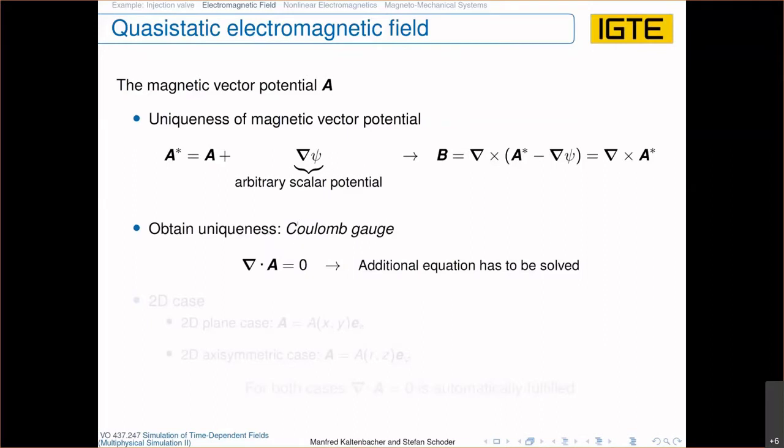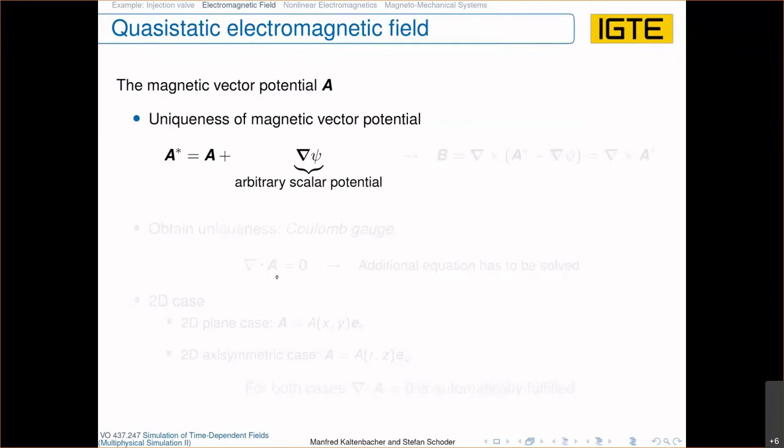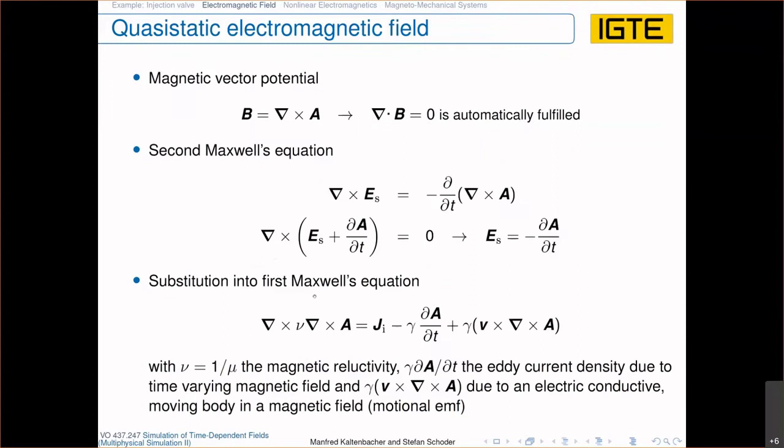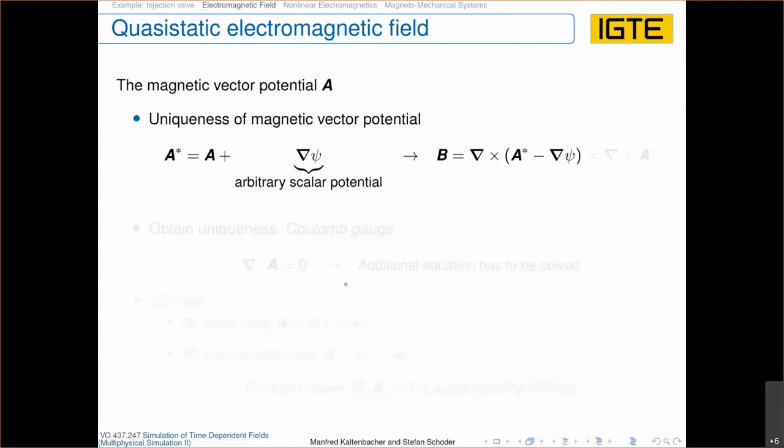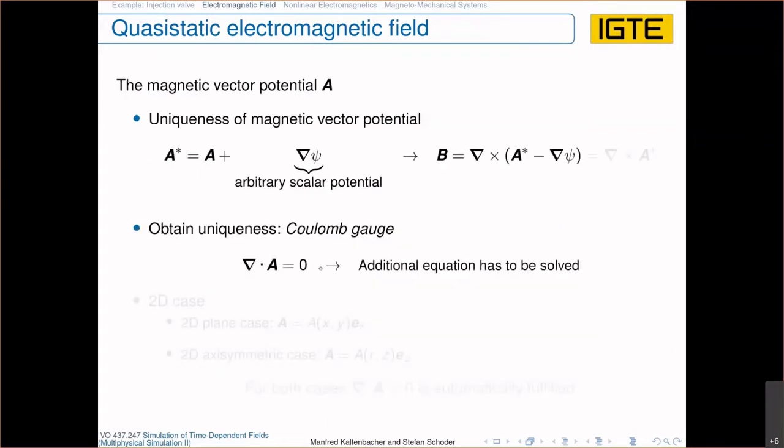The Coulomb gauge is the following: we set the divergence of the vector potential to 0, and that means we have to solve an additional equation. So if we go back to our partial differential equation, then in addition to this partial differential equation, we also have to solve this second partial differential equation, that the divergence of A is equal to 0.